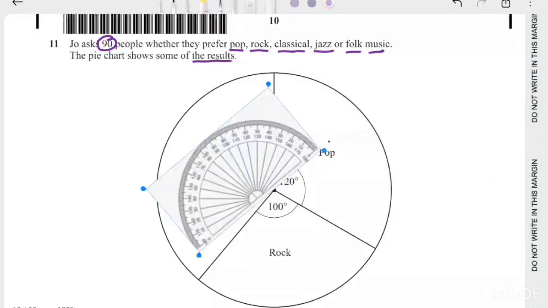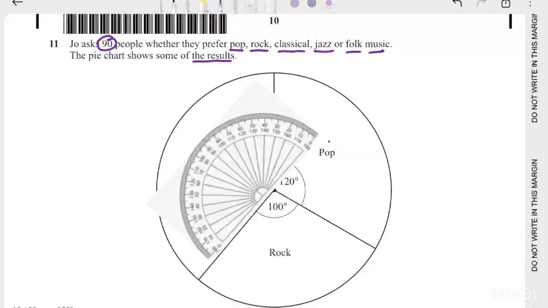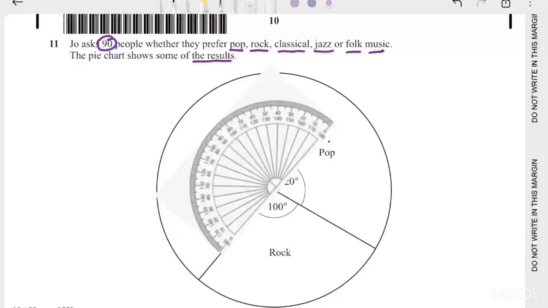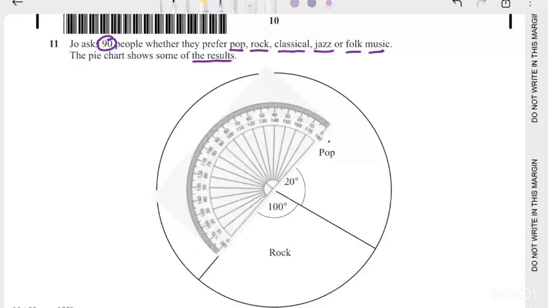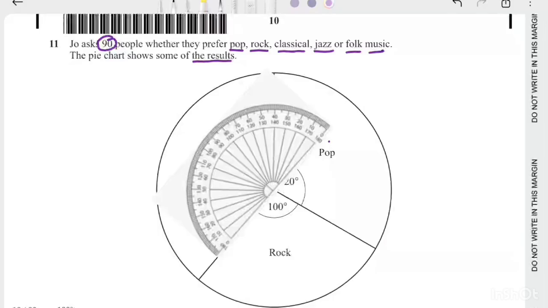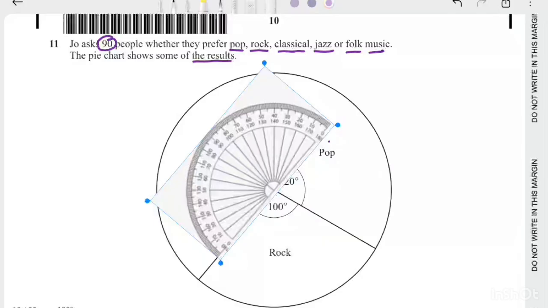Just place it here, and just imagine that this is the baseline. Look, this is the baseline, so we'll place the protractor here. Now 80 degree angle would be here. Start from 0, and 80 degrees would be here.